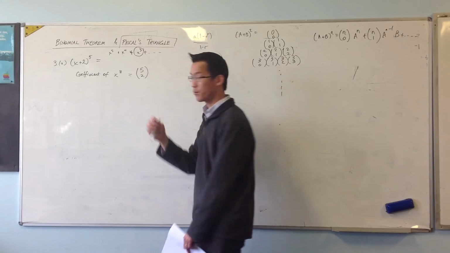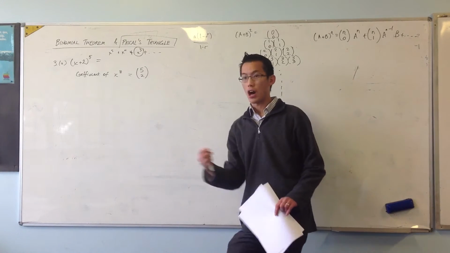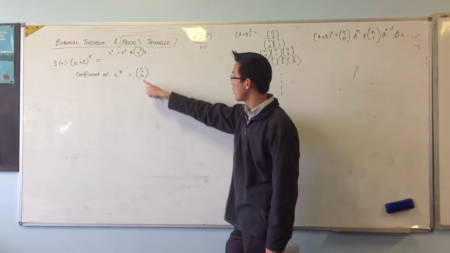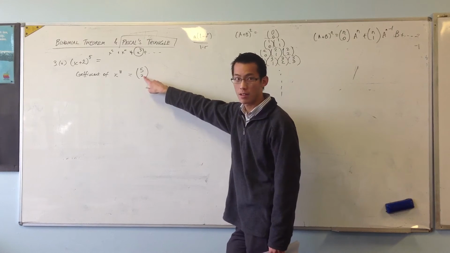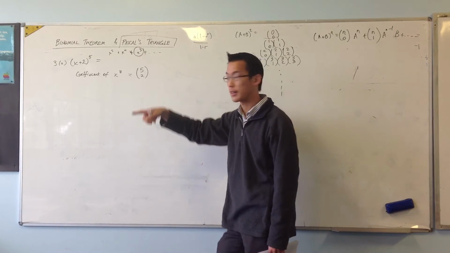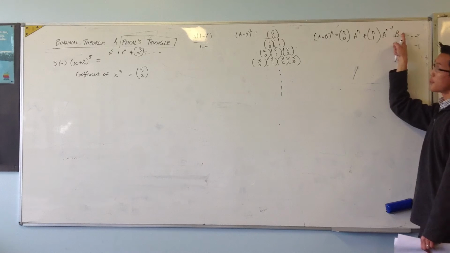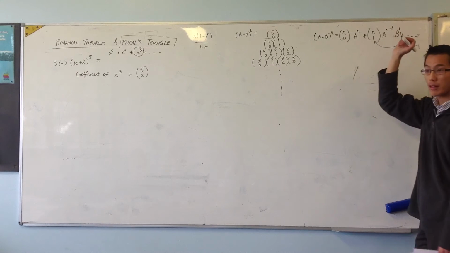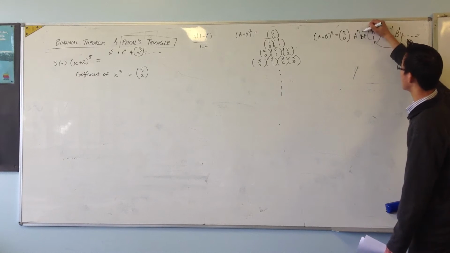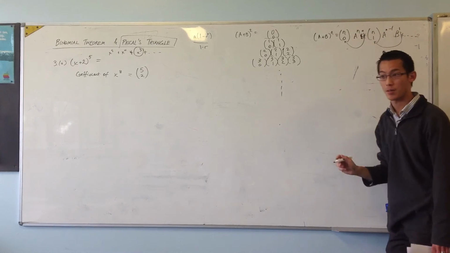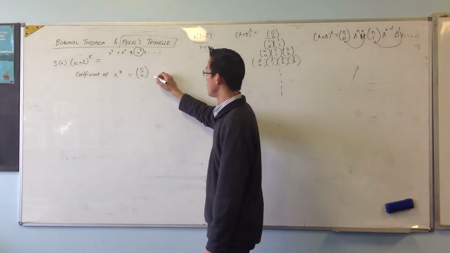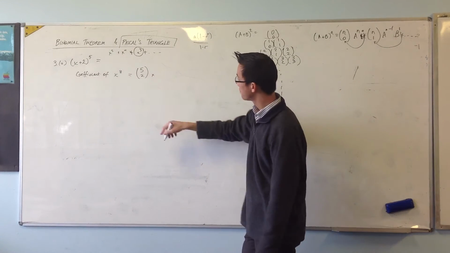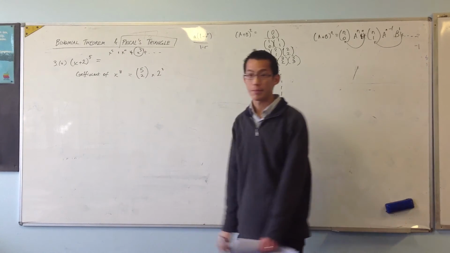How can you see that? Well, remember we worked out this is the third term, so this number down here was 3 minus 1, and that's the same number you get up here. See how that 1 lines up with this one? In fact, there's even a b to the power of 0, which also lines up with that 0. So this is going to be 5 choose 2 times 2 squared.